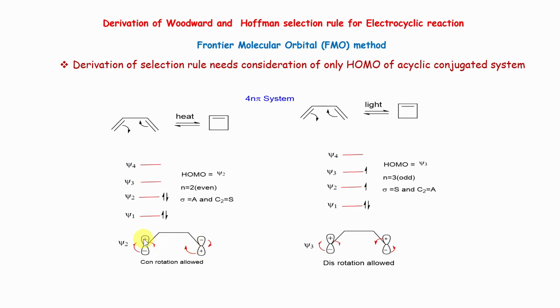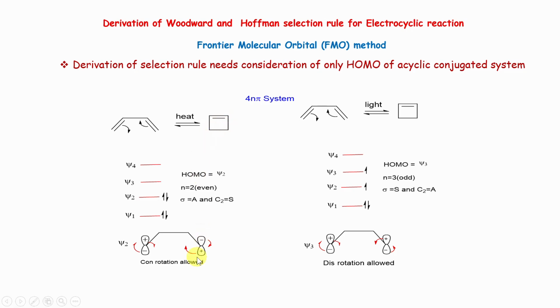The p atomic orbitals of the terminal carbon atoms rotate in the same direction. See, it is the conrotation, whereby the positive lobes of the terminal carbon atoms will coincide in order to have the maximum overlap, whereby bonding interaction takes place to form the cyclic product, cyclobutene.